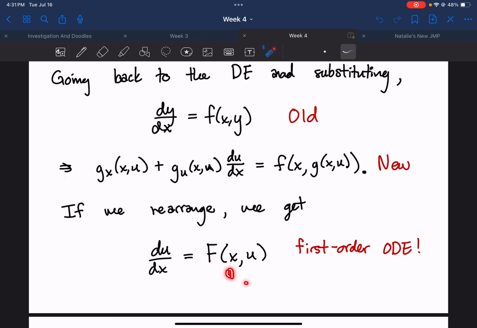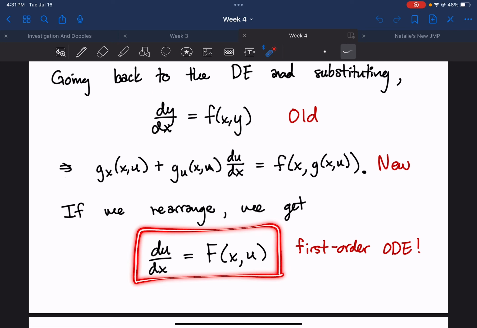This is like little f minus g sub x over g sub u. That's what's on the right hand side, but it doesn't really matter. What matters is you have a new first order differential equation. You started with dy dx equals f of x and y, and you ended with du dx equals f of x and u. So you've essentially substituted u for y. This is substitution.